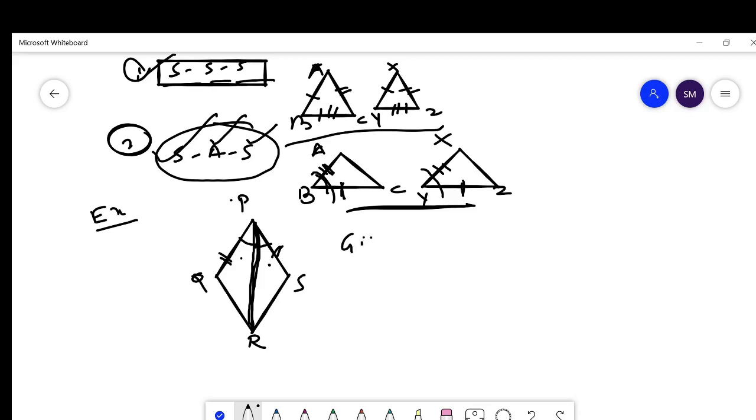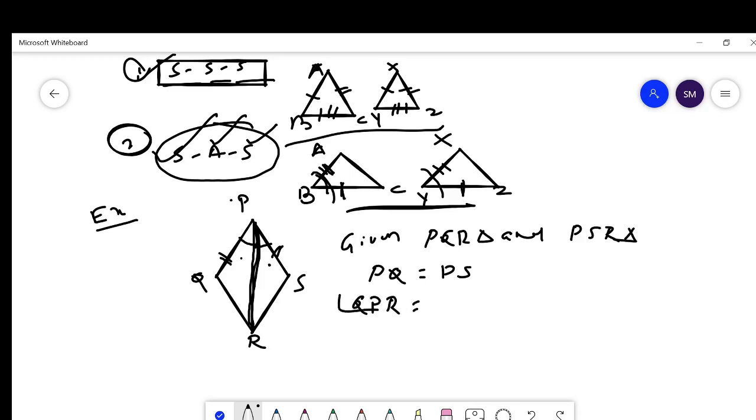Here the given conditions: there are two triangles. Consider triangle PQR and triangle PSR. The condition given is side PQ is equal to side PS and angle QPR is equal to angle SPR.